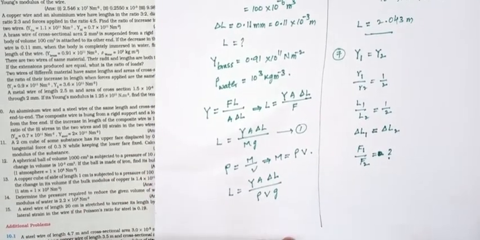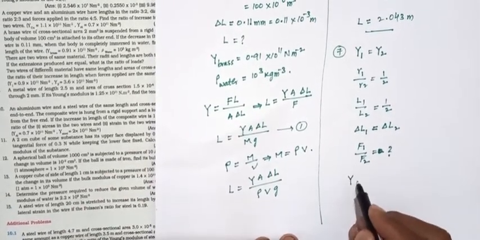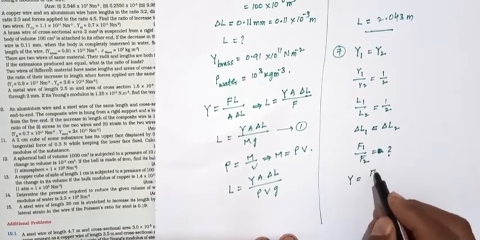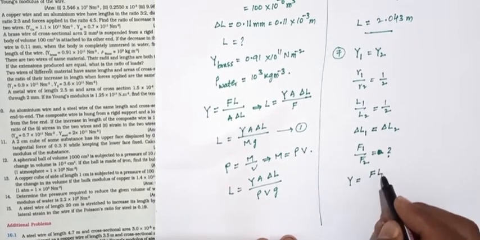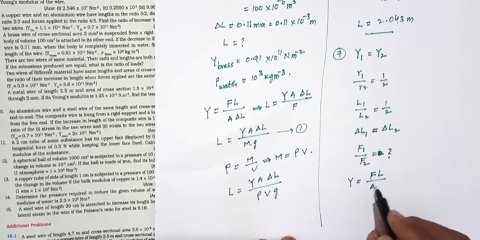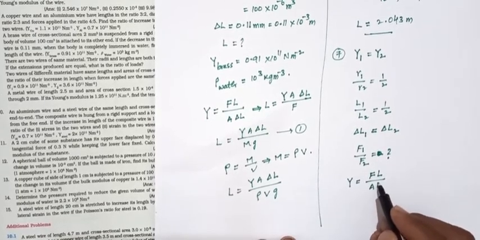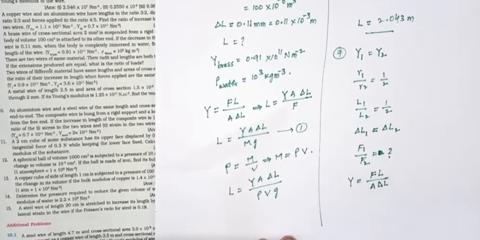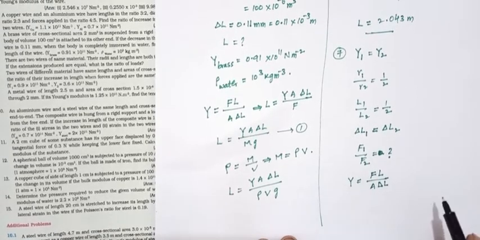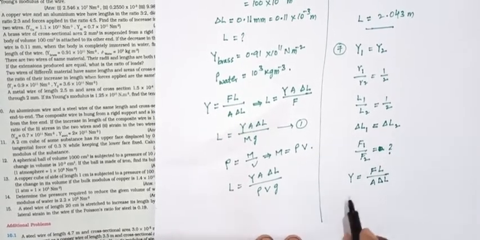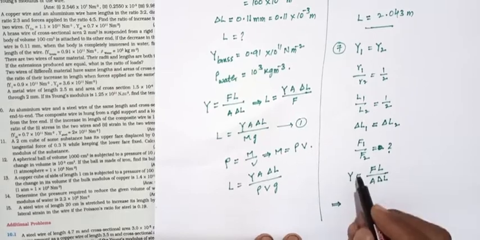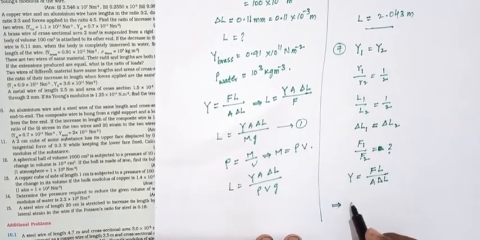So here Y equals force into length by A into delta L. So Y1 equals Y2.